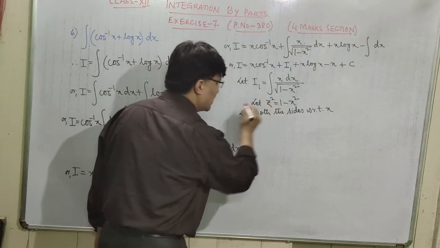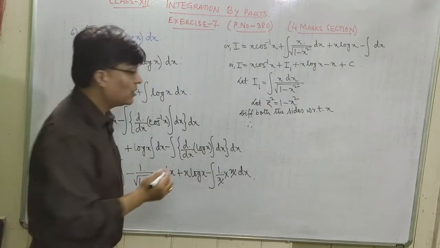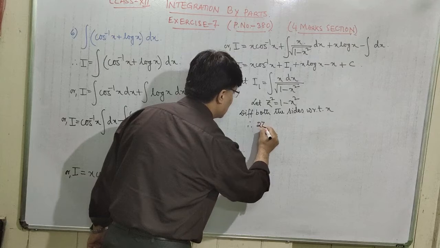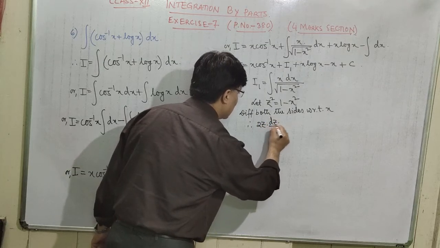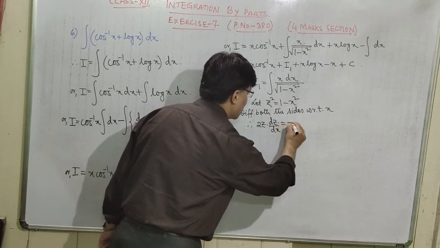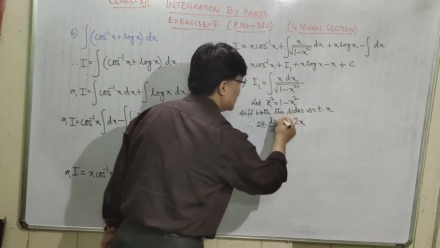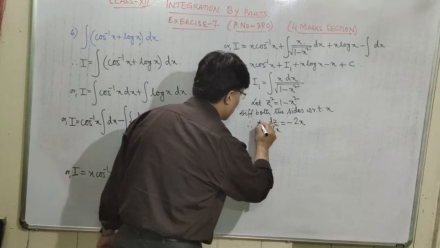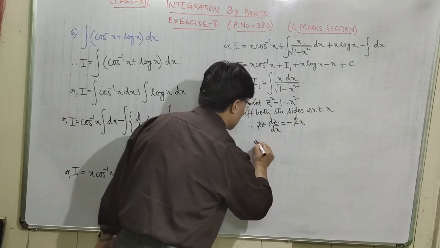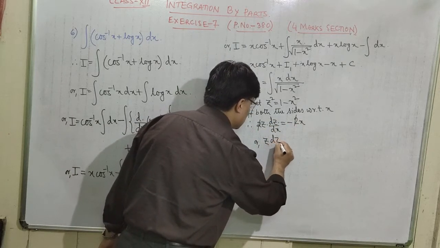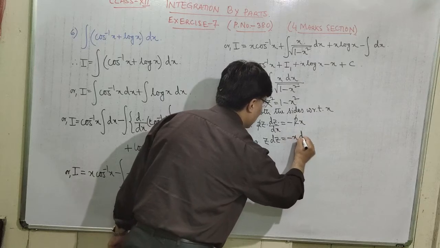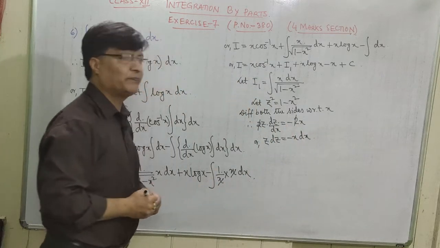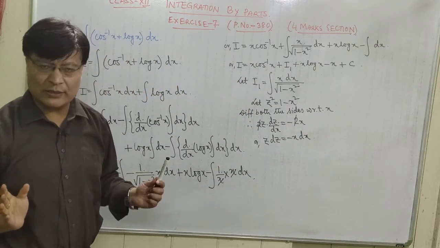What is the differentiation of z square with respect to x? You know that it is 2z into dz by dx, which is equal to, for 1 it is 0, you don't have to write it. For minus x square it is minus 2x. So here this 2 gets cancelled, or z dz is equal to minus x dx. So I think you have understood it, okay?